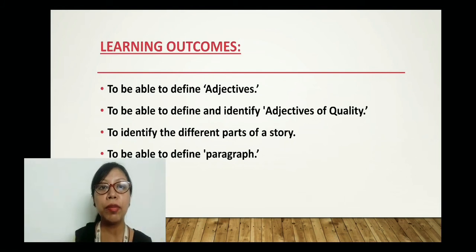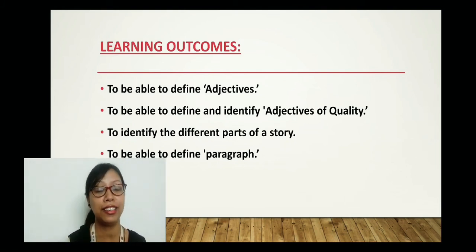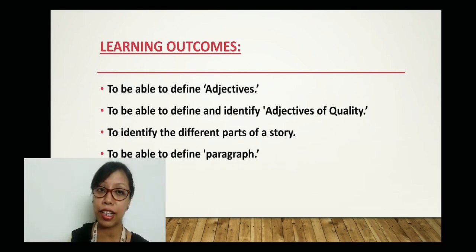Then you will be able to define and identify adjectives of quality. And then you will be able to identify the different parts of a story. That means we are going to read and discuss the parts of a story as well. And the last one is to be able to define paragraph. That means we are also going to learn how to write a paragraph.